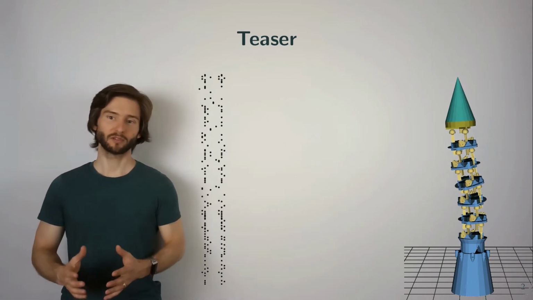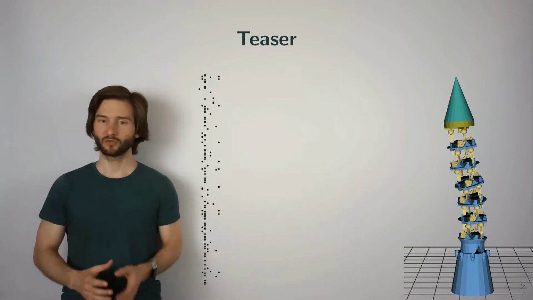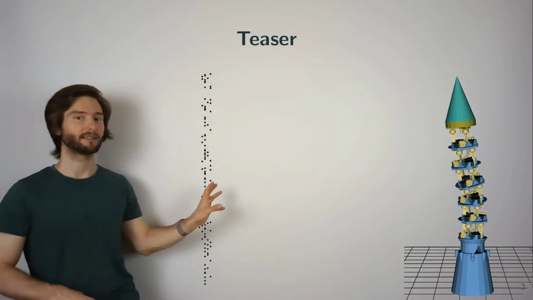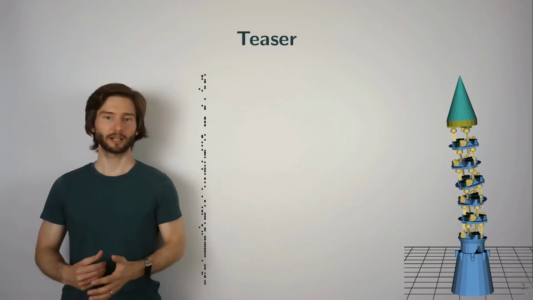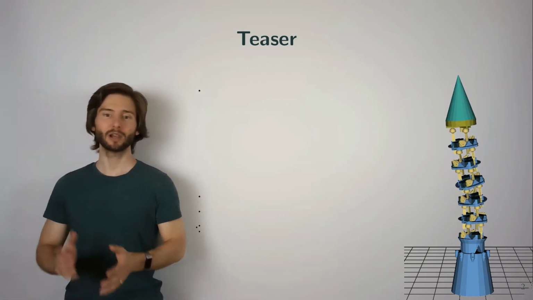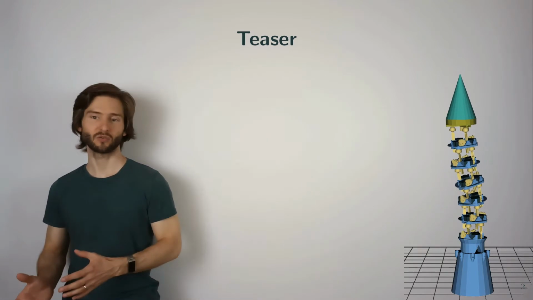The overall movement of this robot is also controlled by a spiking neural network, from which you can see the moving spike train here right beside the animation. And unlike your typical artificial neural networks, spiking neural networks are more like a continuous simulation of more biologically plausible neurons over time.